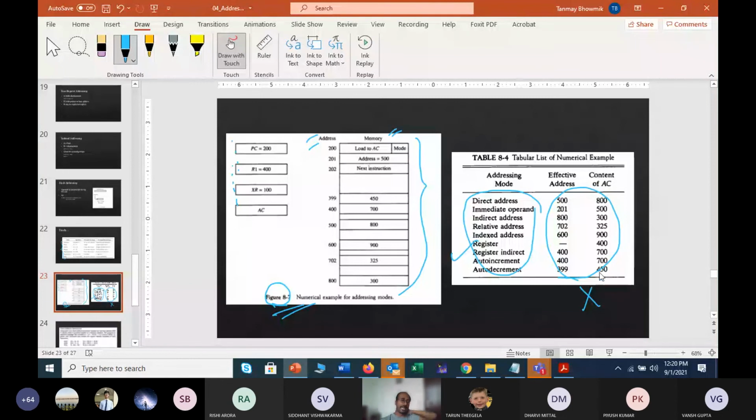Here you will get the addressing mode instruction: initially some instruction is there, and along with the instruction some mode is there. Can anyone tell me, if you observe this, which part is the instruction itself?